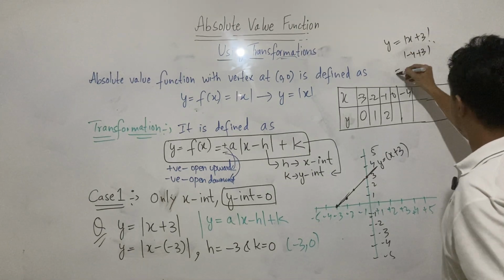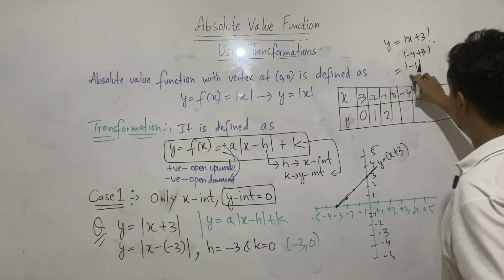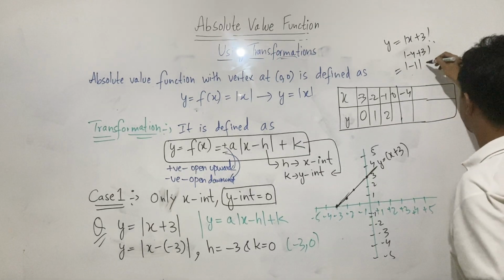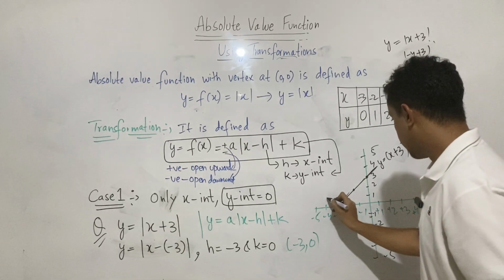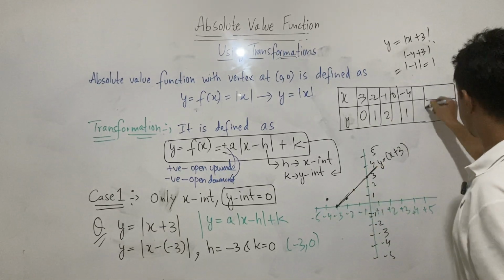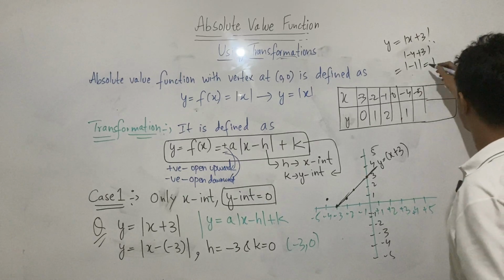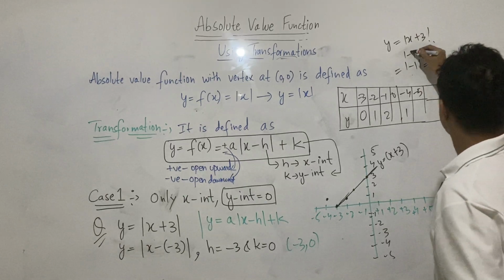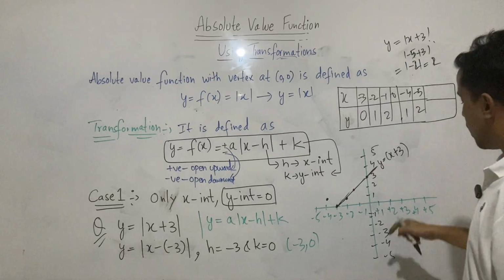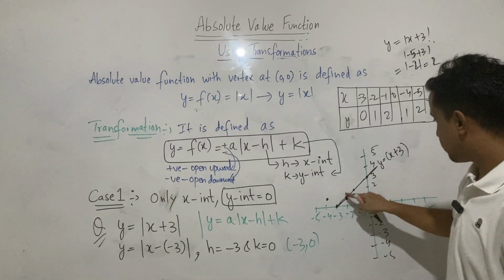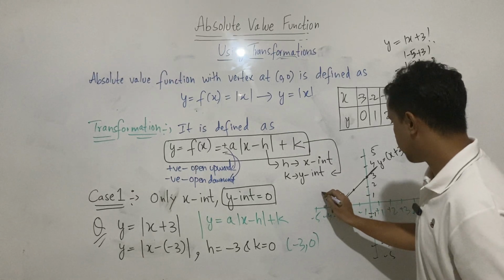Okay. So if I take minus 4, so see here, minus 4 plus 3, which is modulus function of negative 1, which is going to be 1. So minus 4, 1. Then minus 5, so it's going to be minus 5 plus 3, minus 2, modulus 2. So these points are going to be a reflection of these points, that's for sure.